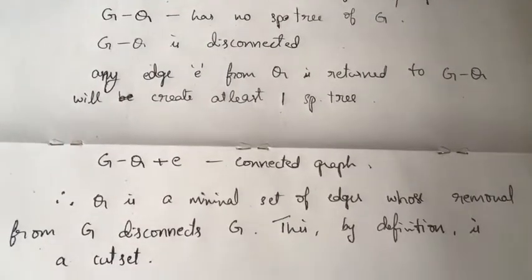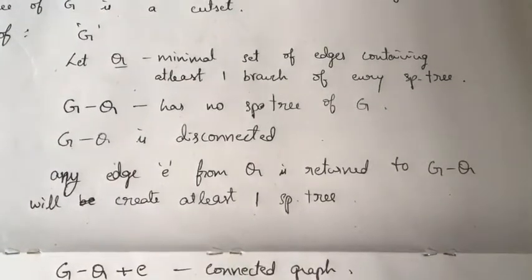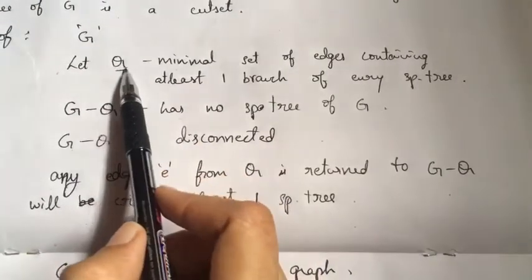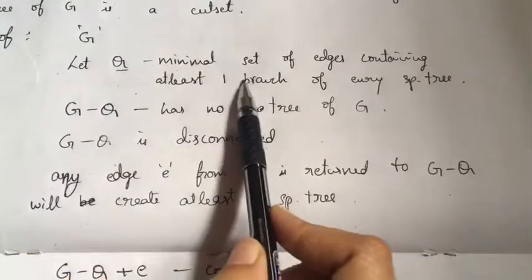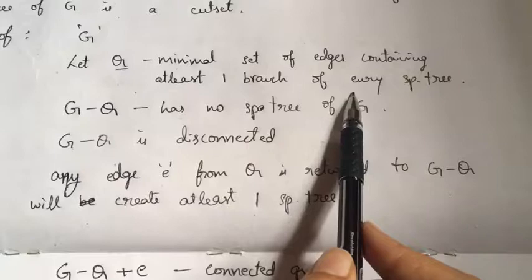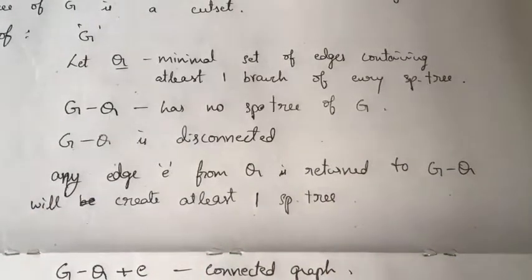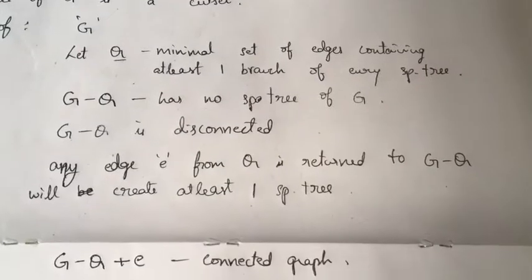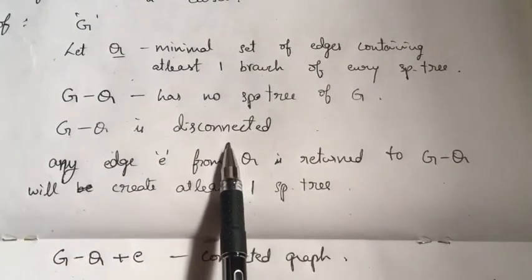I have taken a minimal set of edges which has got at least one branch of every spanning tree. I have to prove this minimal set is a cut set. Now I have taken Q as a minimal set of edges which has got one branch of every spanning tree, and I am taking G minus Q. I can observe that it has got no spanning tree of G. In fact, G minus Q is a disconnected graph.